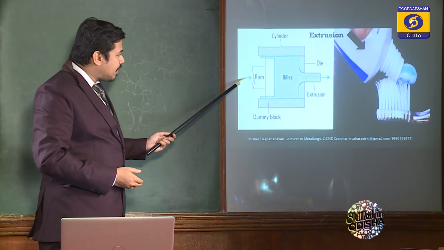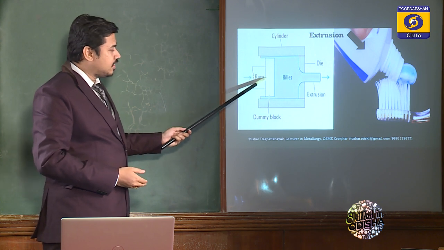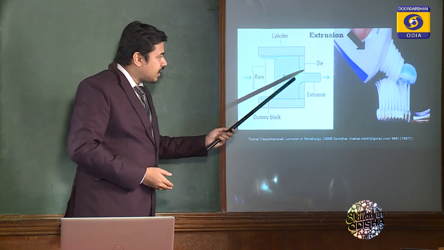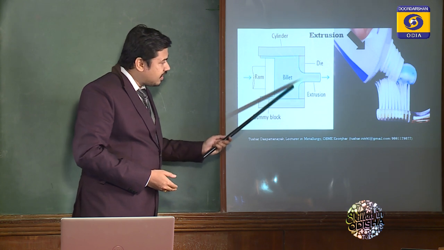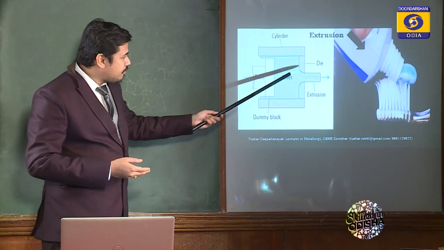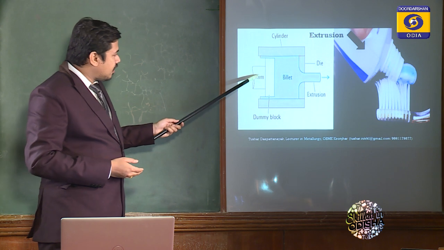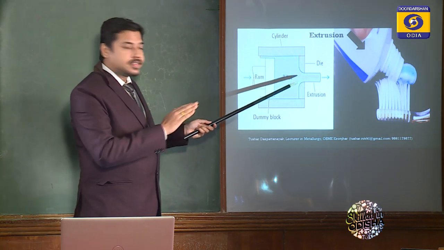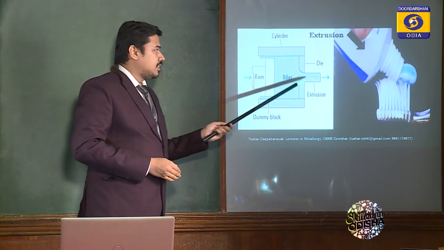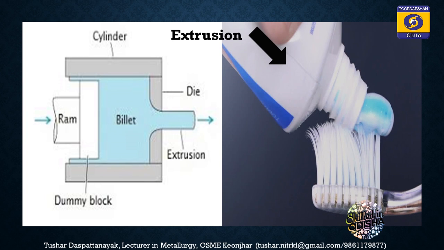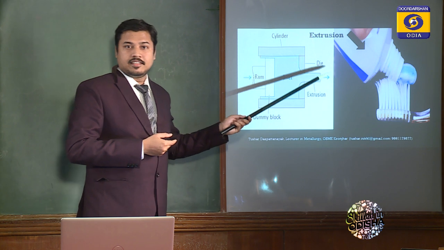If I apply pressure from this side, the metal, obviously the die is in cylindrical shape, I mean the opening. If you apply the pressure from the back side, the extruded product will come from the front end.